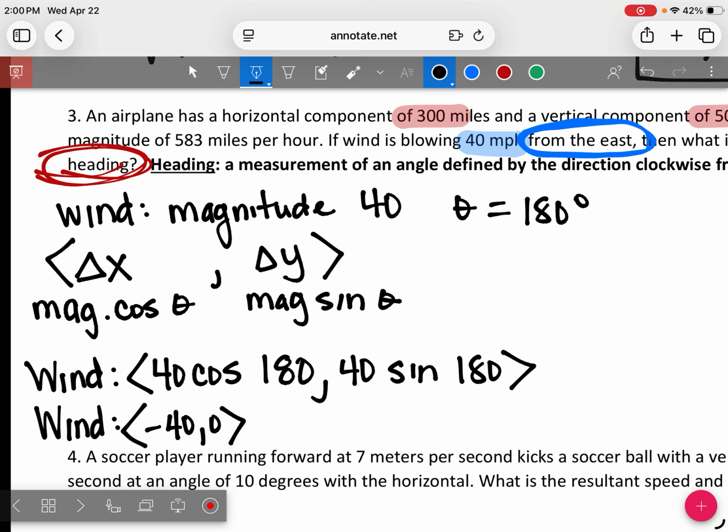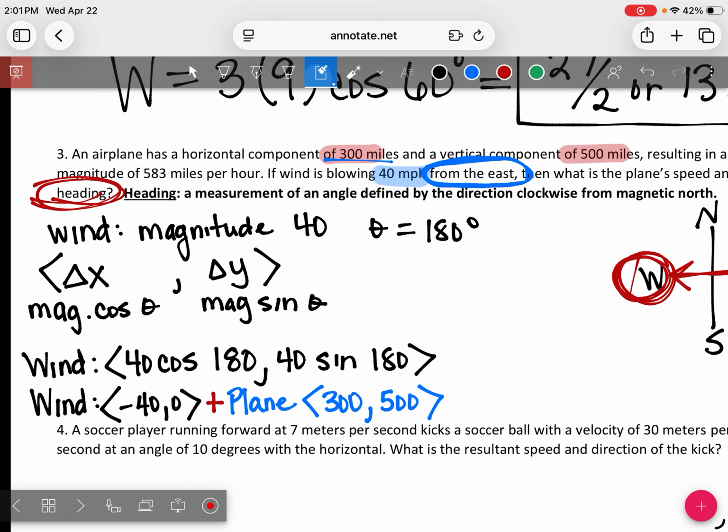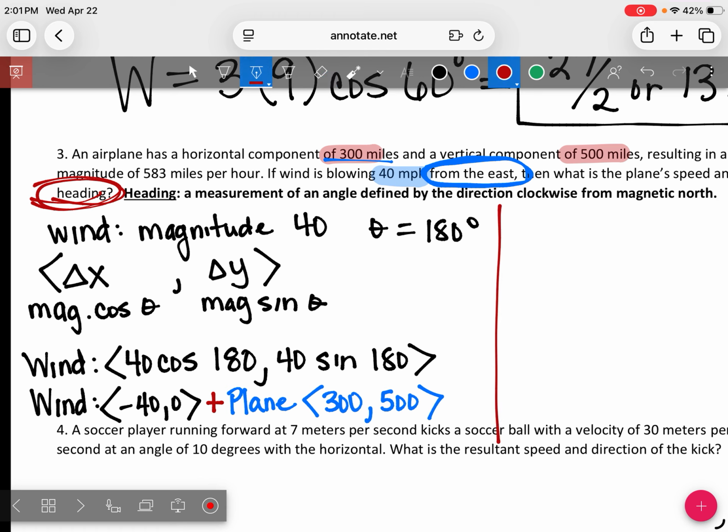And they told me in the first sentence that the airplane had a horizontal component of 300 and a vertical component of 500. So what we need to do is add these together. And let's write a vector for the plane plus the wind. Plane plus wind.